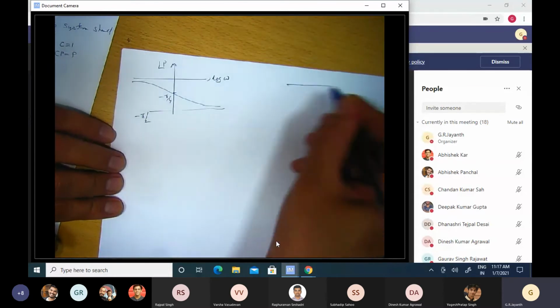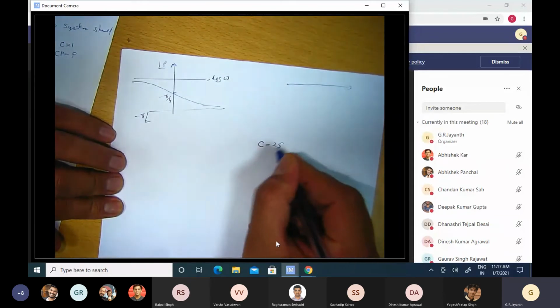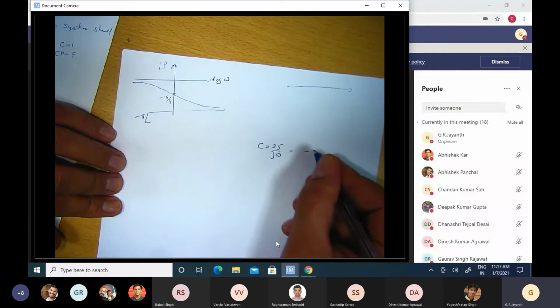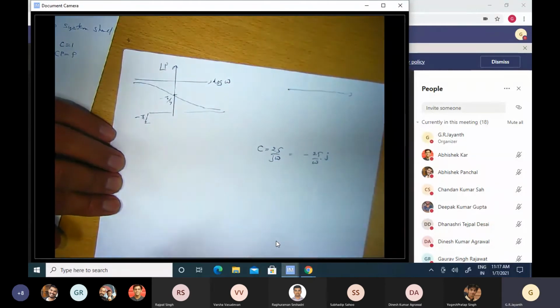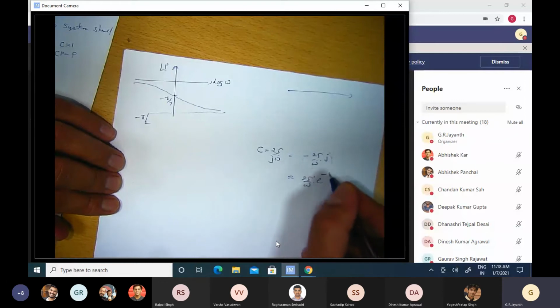What is the phase plot of the controller? C is equal to 25 by j omega, which is equal to minus 25 by omega times j. This complex number is a purely imaginary number, and can be written as 25 by omega times e to the power minus j pi by 2.